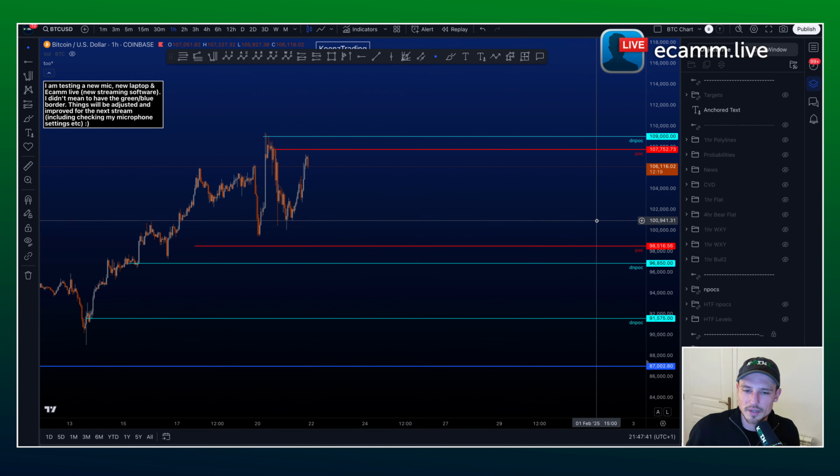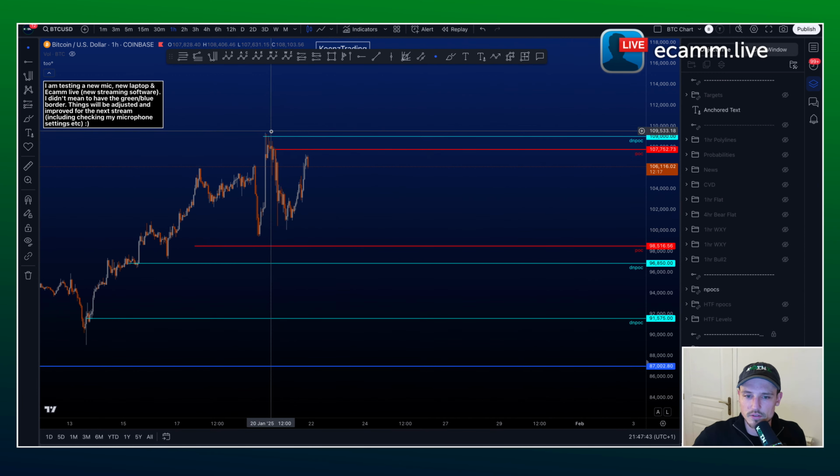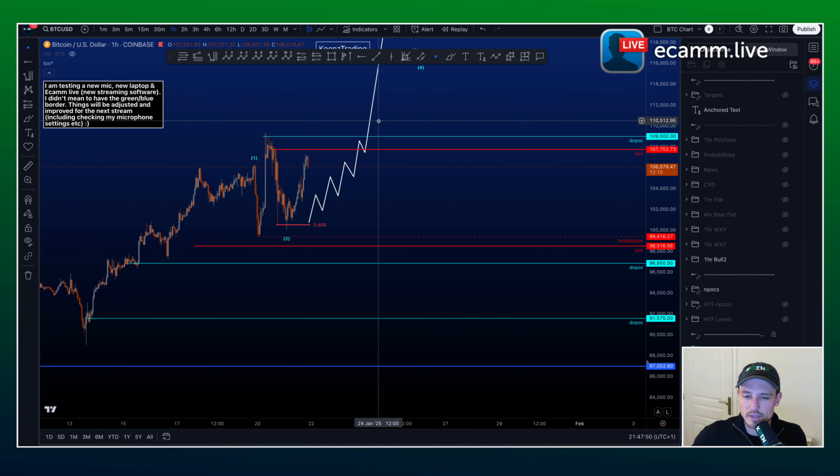So if we summarize probabilities, really, then probabilities remain higher to take out the all-time high, at least before taking out the low. If you are in an impulsive structure, then you better get a big wave 3, because then all of these are going to be 1-2s.